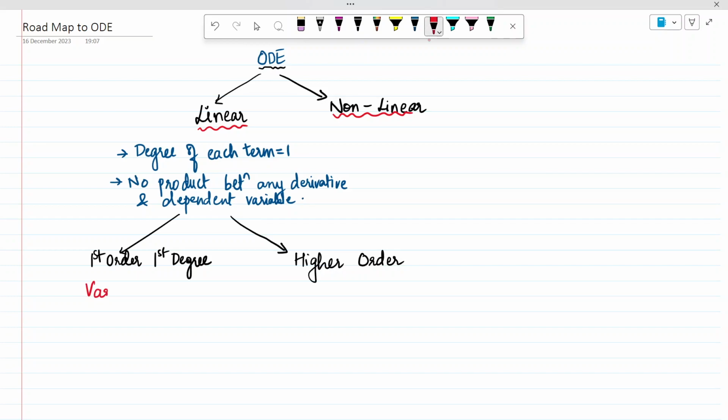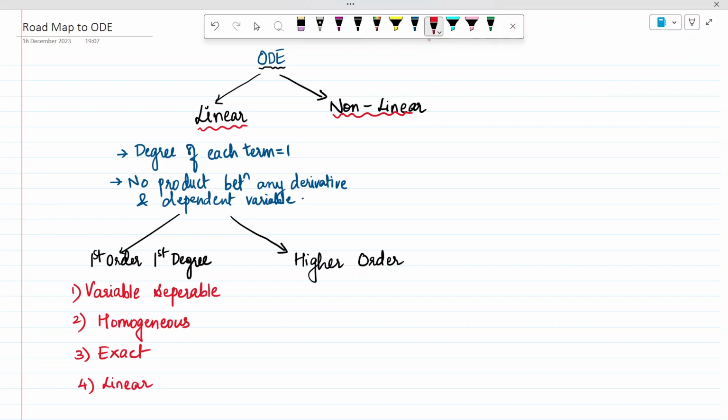The first being variable separable. You've studied these in graduation. Variable separable, then homogeneous, then we had exact, then we had linear.